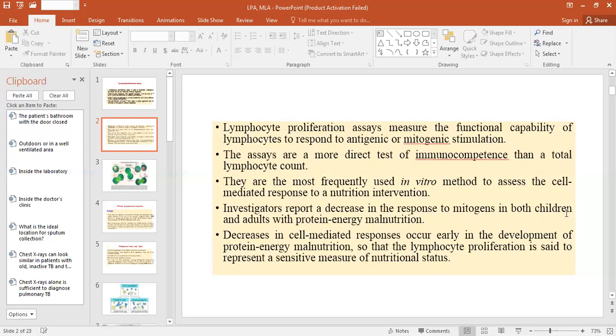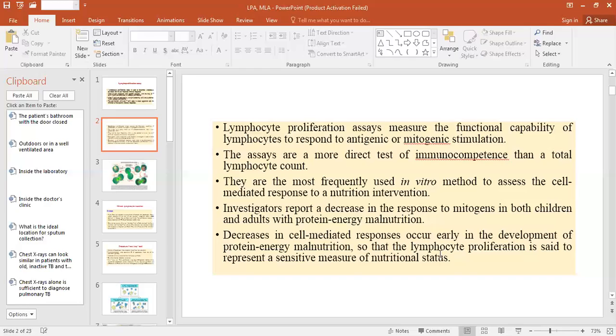And the assay is a more direct test for immunocompetence than a total lymphocyte count. So these assays are the most frequently used in vitro tests to assess the cell-mediated response to a nutrition intervention.